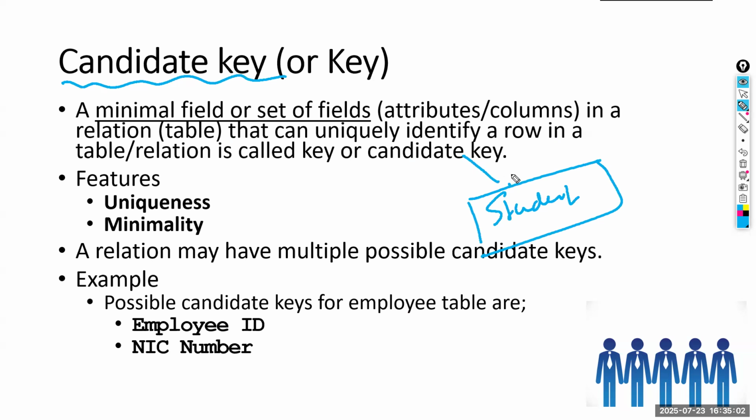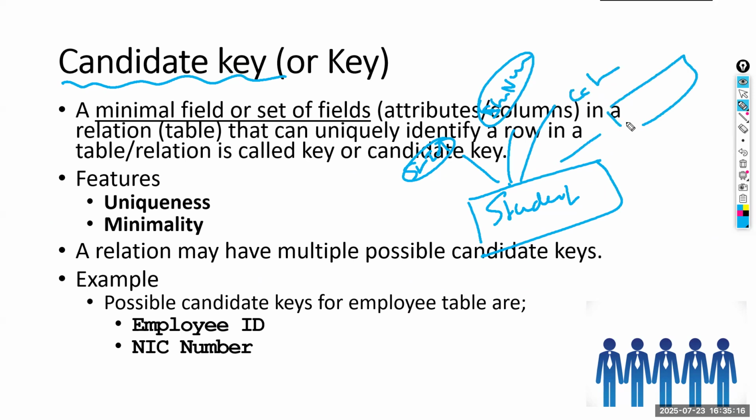It has different attributes: student ID, maybe student number, registration number, contact number, email address, and so on. Now you need to select one or more fields, either one field or a collection of fields, as your primary key.